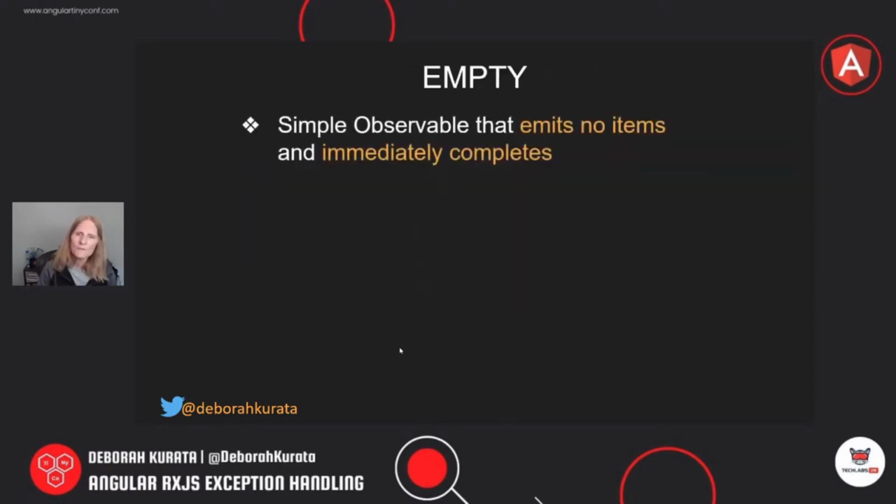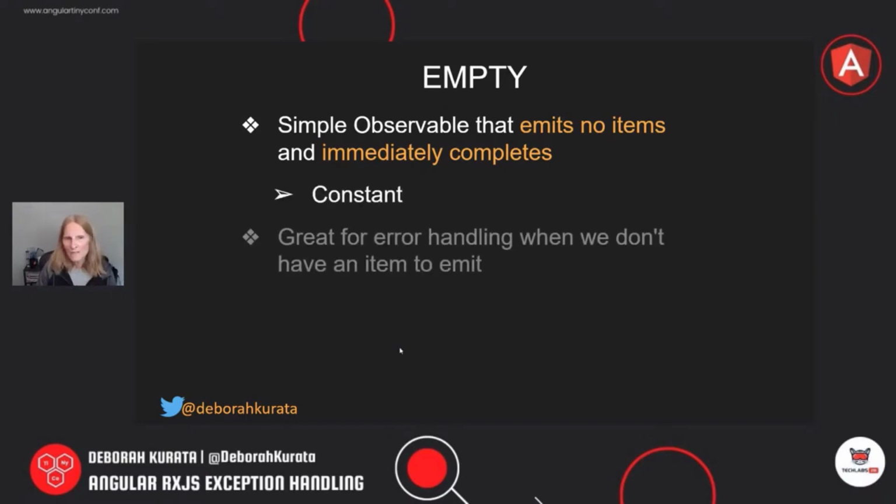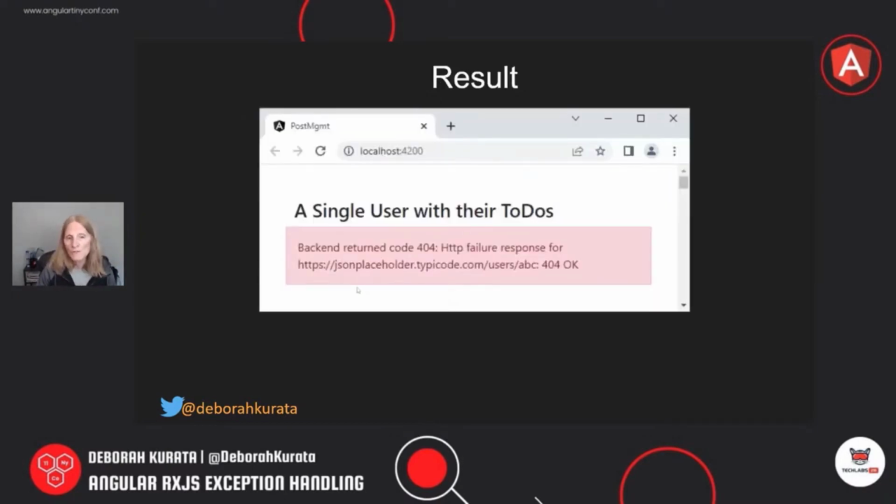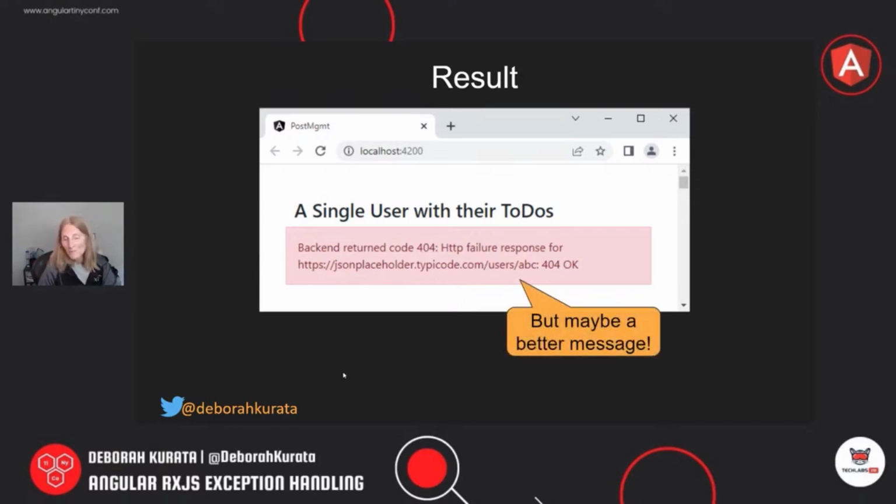Empty is a simple observable that emits no items and immediately completes. So it's a constant, and it's great for error handling when we don't have a real something that we want to emit. So our result is we get a message in our user interface that we had some problem, but we probably should work on the display of what this message is. It's not very user friendly, but you get the idea of what's going on with this.